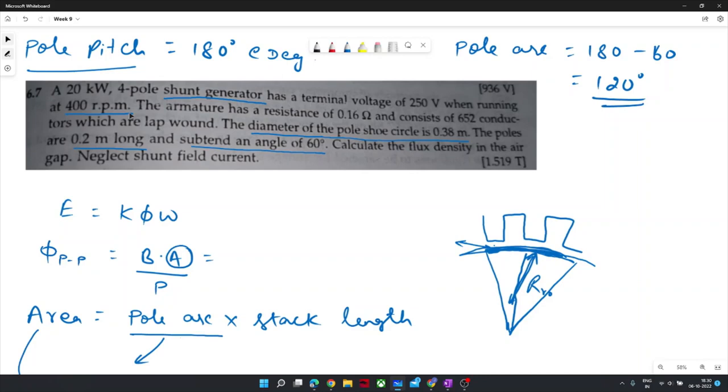So we can compute from that concept. E is equal to Z phi N by 60 into P by A. And since it is lap wound, so parallel path would be equal to number of poles. So let me write it.